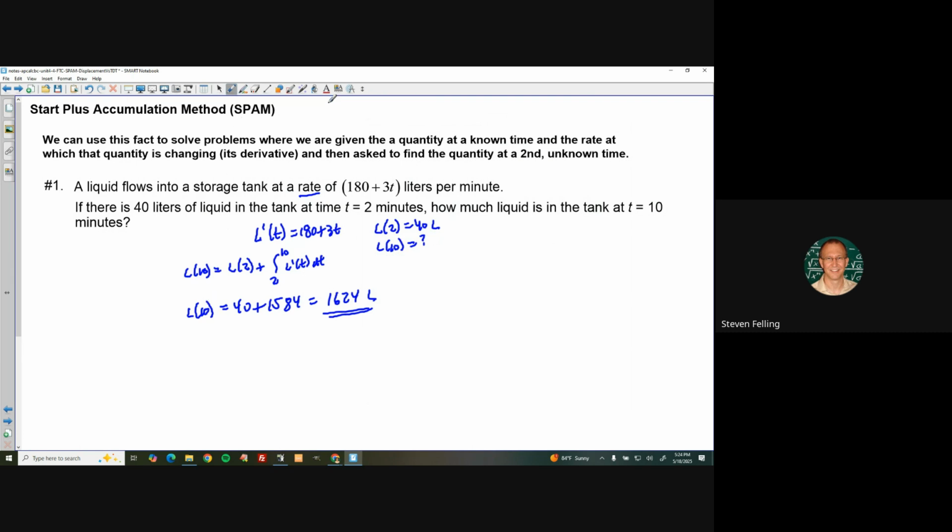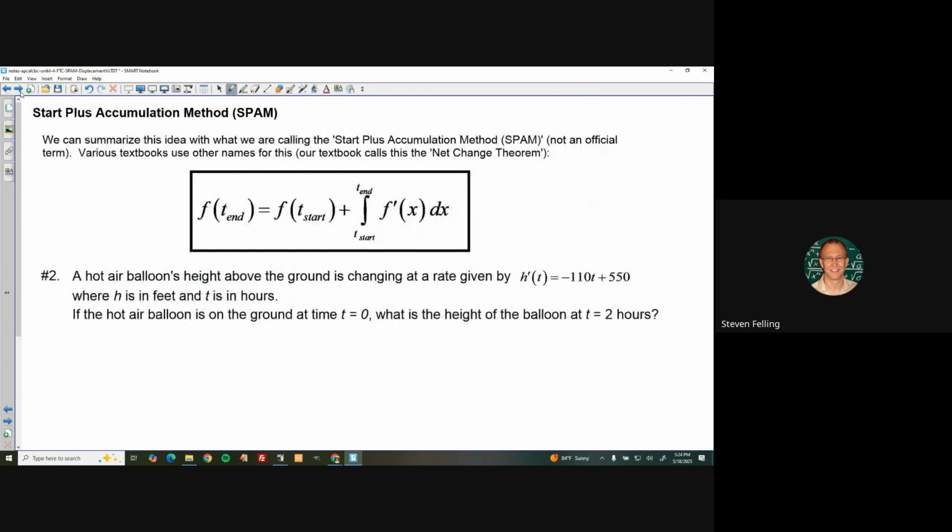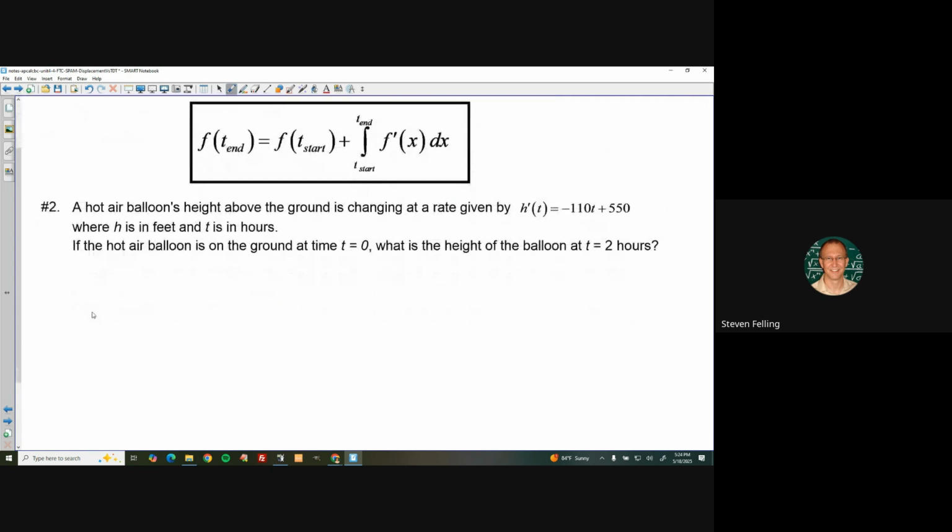Okay, let's look at a few more examples. A hot air balloon. The height above the ground is changing at a rate given by this. The derivative of height is this, where h is in feet and t is in hours. If the hot air balloon is on the ground at time t equals 0, what is the height of the balloon at t equals 2 hours? All right, so what do we have? We have h prime of t.